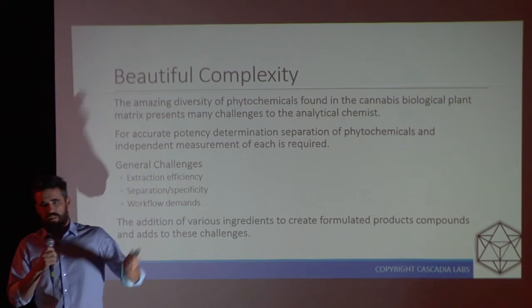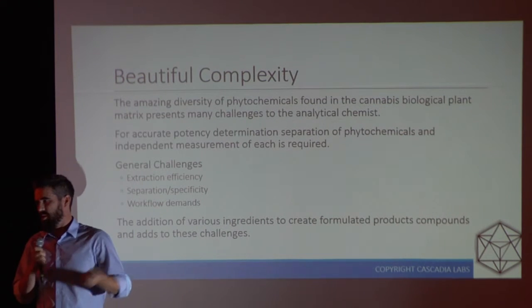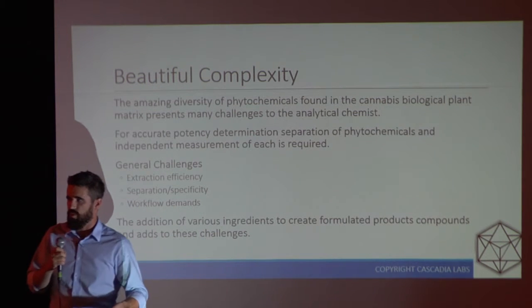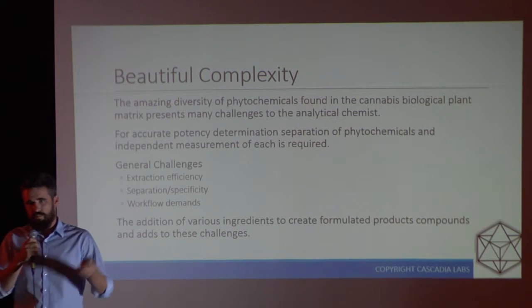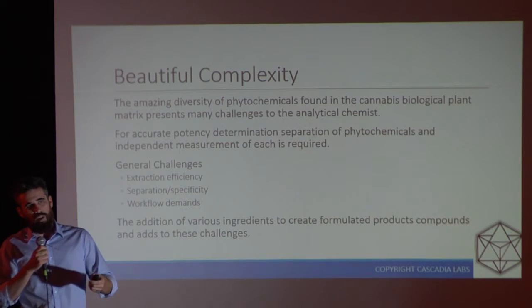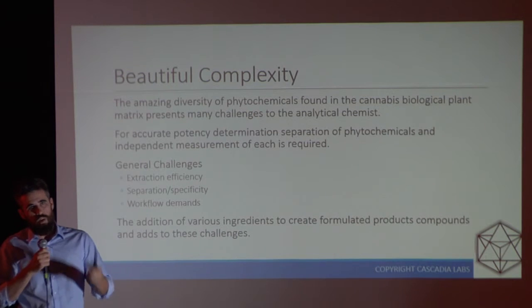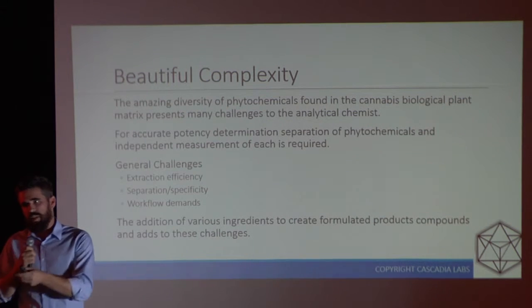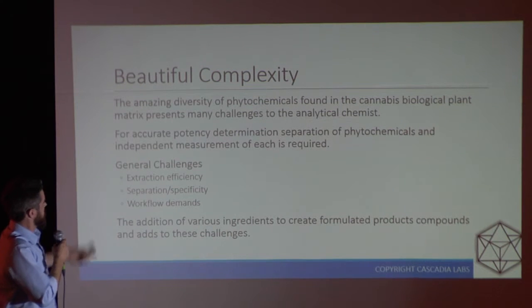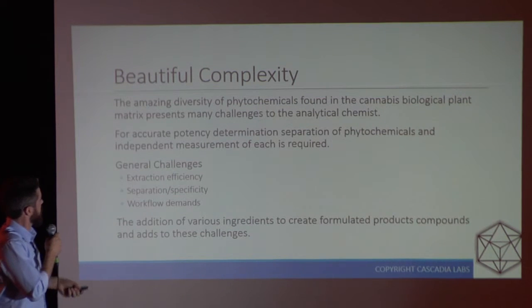I could say, yes, we can do a dilute and shoot, run your bacon, but I'm not going to have valid data to report. And as we move into accreditation, it's not just throw it on the machine and see what comes out. It's going to take time to look at what the matrix is, what the analyte of interest is, and what the technology is that we're using. And that is going to be the scope of accreditation. I have a slide just after this that will talk a little bit about those aspects.